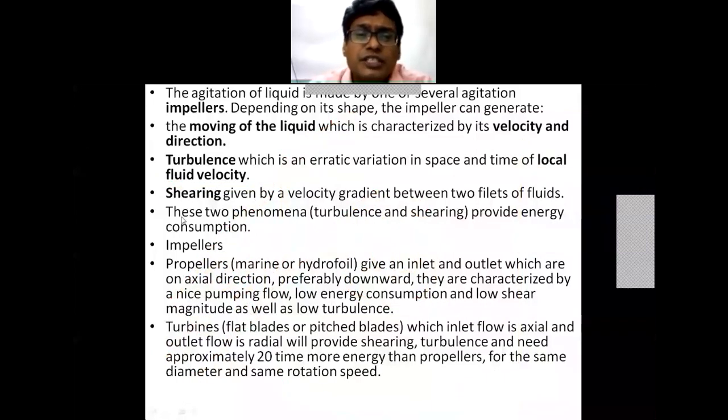This understanding of fluid mechanics is very essential in the creation of turbulence. Whenever there is high turbulence, it is also going to have high shearing between two molecules. This shearing is also going to create a velocity gradient.